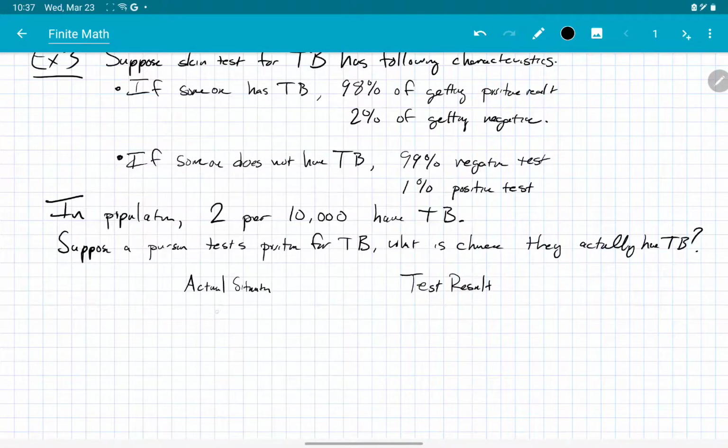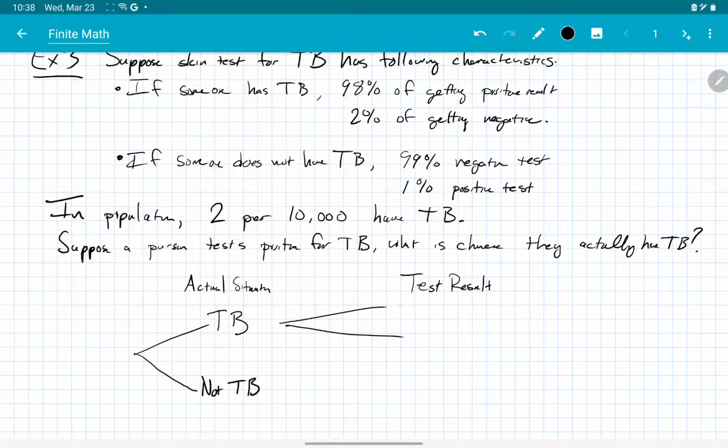The actual situation could be that someone has TB or does not have TB. Then each of these people gets tested, and they could have a positive result or a negative result. Those are the possibilities for the test result.